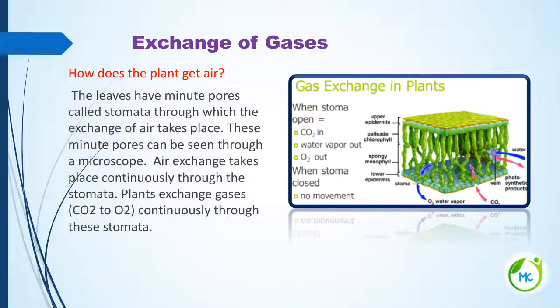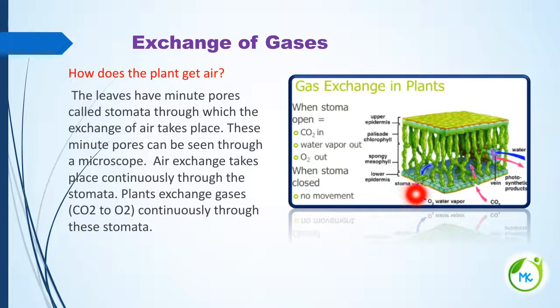So here you can see the internal structure, the anatomy of the leaf. In the anatomy of the leaf, you can see the leaf has two epidermis, the upper epidermis and the lower epidermis. In the lower epidermis only you can find a larger number of stomata. The singular is called stoma.